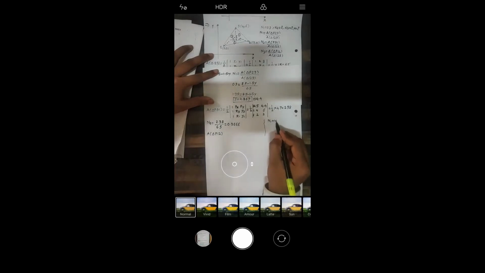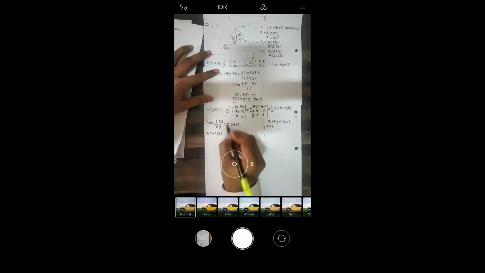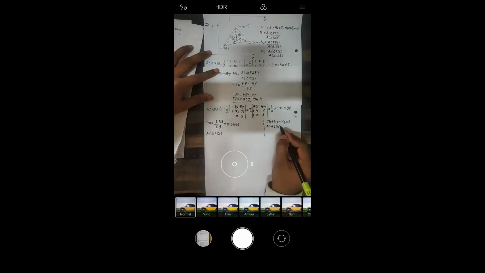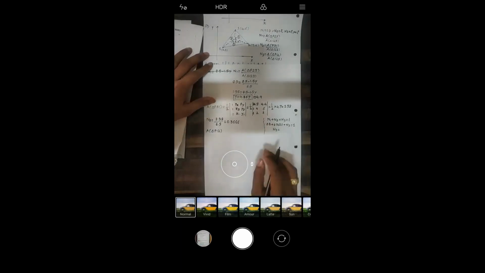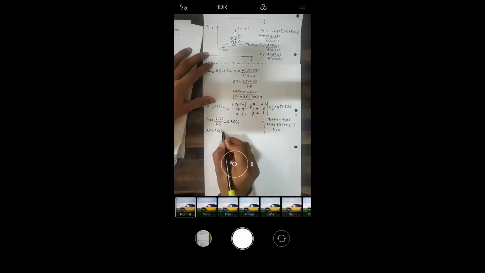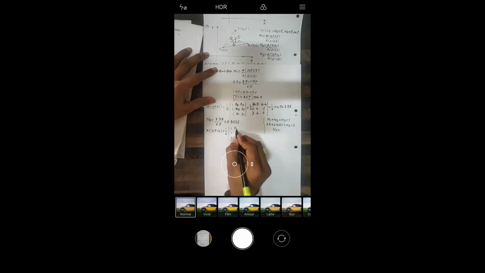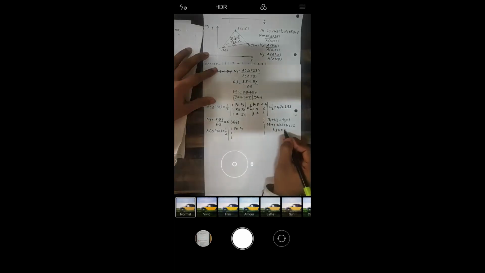N1 plus N2 plus N3 is equal to 1. Yes or no? You know this? N1 is given as 0.3. N2 you have calculated as 0.3666, plus N3 is not known, equal to 1. So what value of N3 are you getting? 0.334.